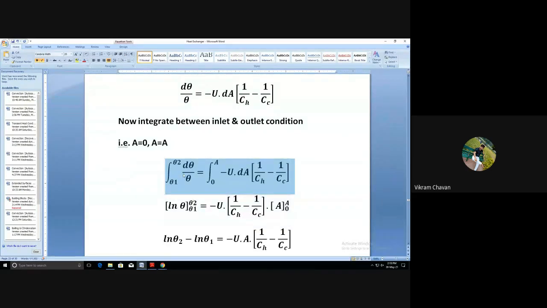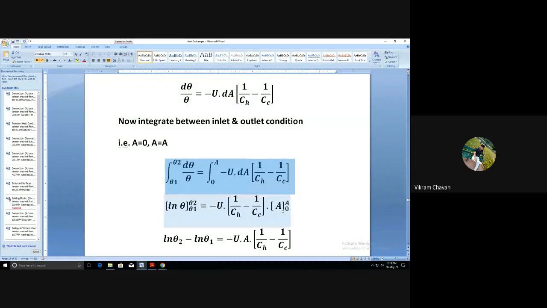So integration of 1 upon theta is ln of theta, with limits theta 1 to theta 2, which is equal to minus U, and this bracket 1 upon Ch minus 1 upon Cc is constant, so we keep it as it is and integrate only dA.